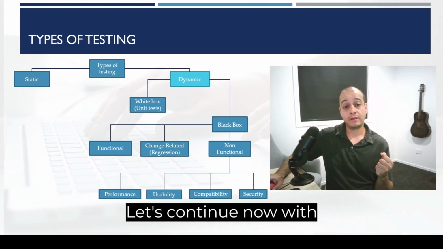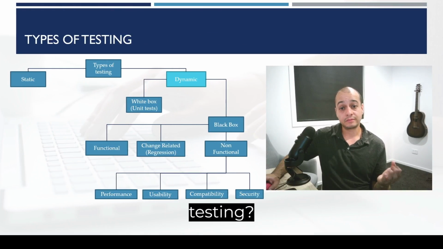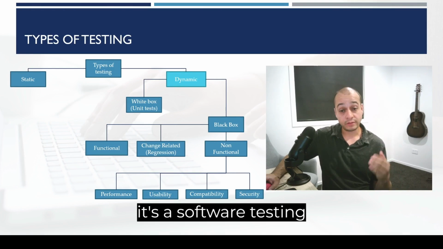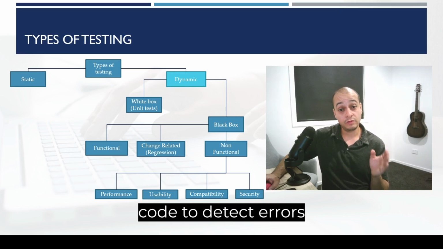Let's continue now with dynamic testing. So what is dynamic testing? Well, it's a software testing type that involves the execution of software code to detect errors and defects.